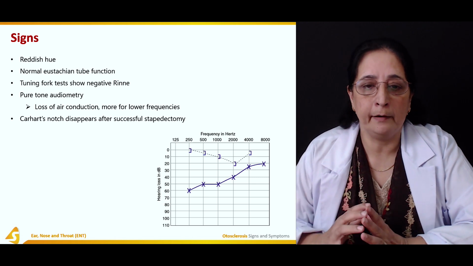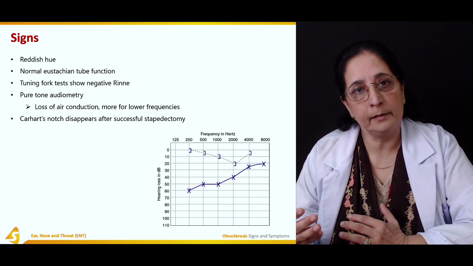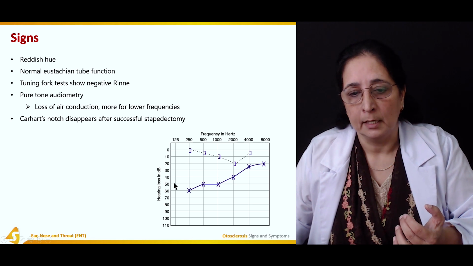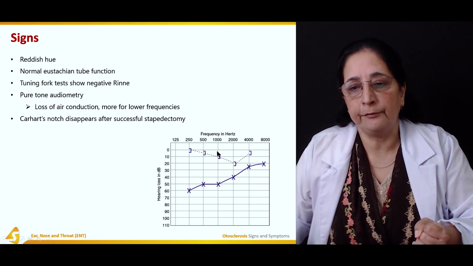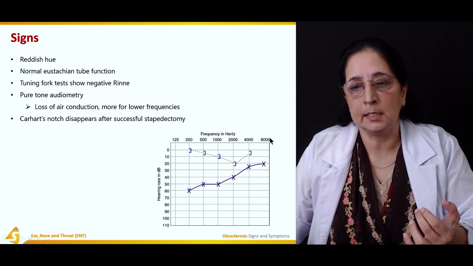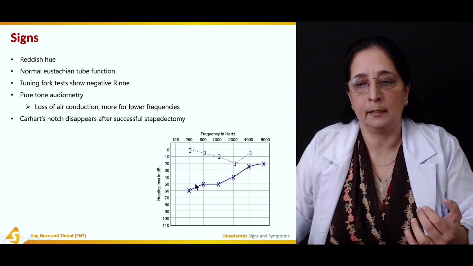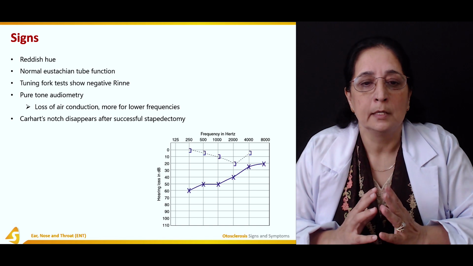And usually the hearing is poor for low frequencies. The higher the sound frequencies used, the better the hearing. So here, if you see, this is the hearing loss in decibels. This is the frequencies used. So with higher frequencies like 8000 hertz, the hearing is better, and it goes down with low frequencies. So all these are the signs of the patient with otosclerosis.